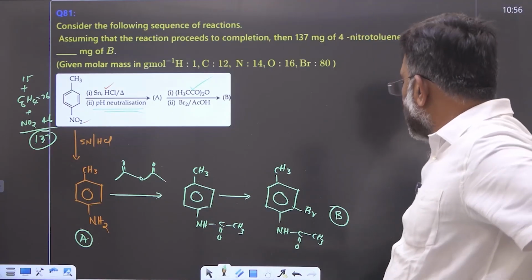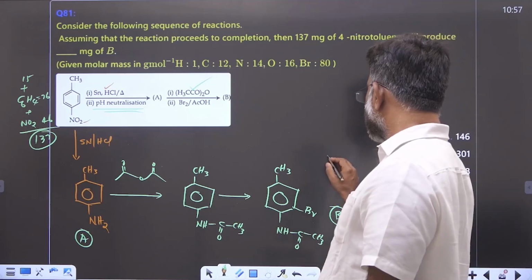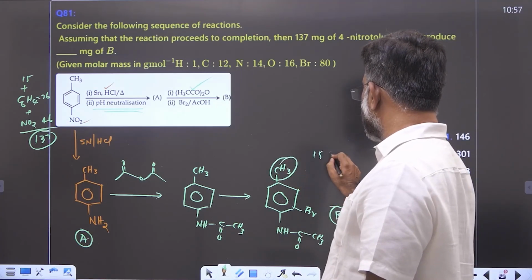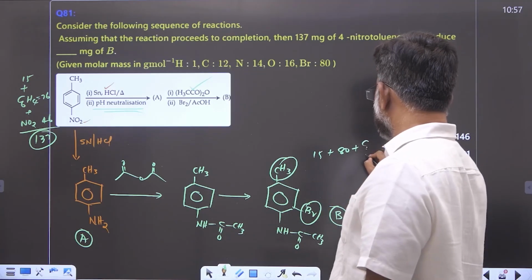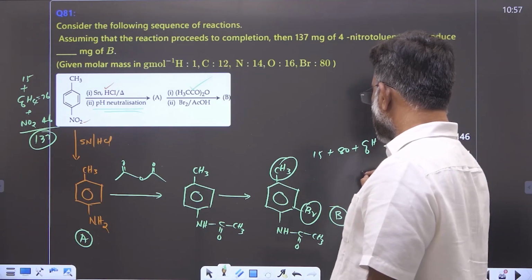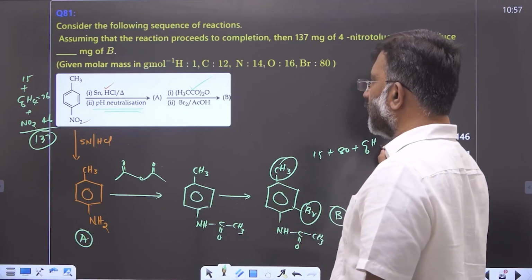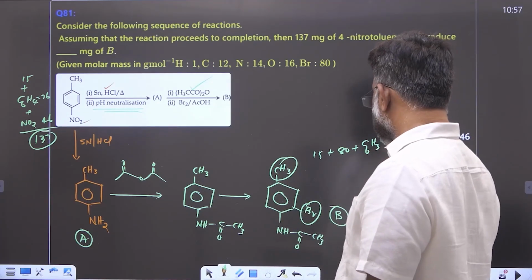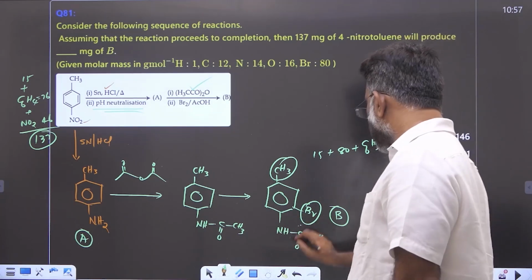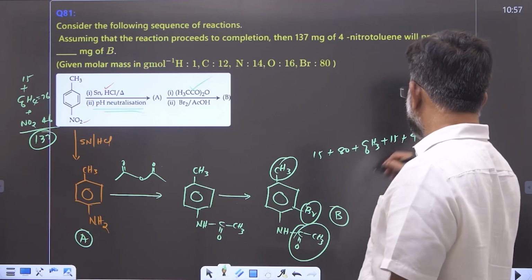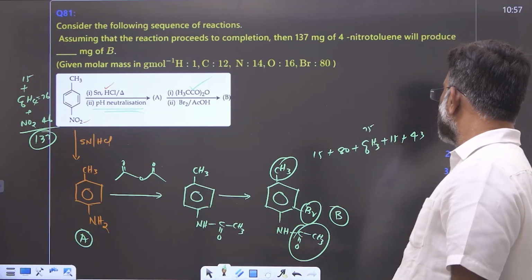What is the molar mass of this? It is the CH3 part 15, the bromine part 80, and this part C6H3 only, plus this NH 14 and this part 43, and this will be 75.